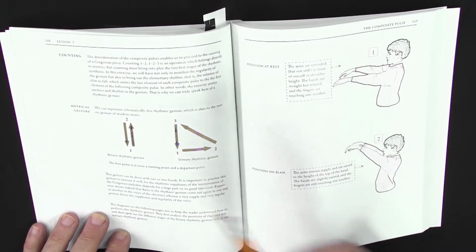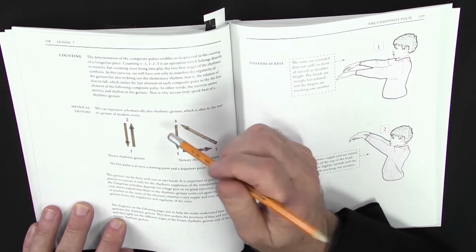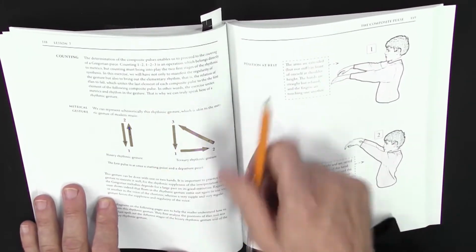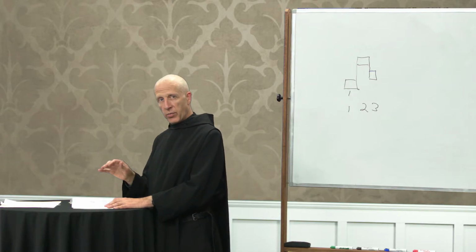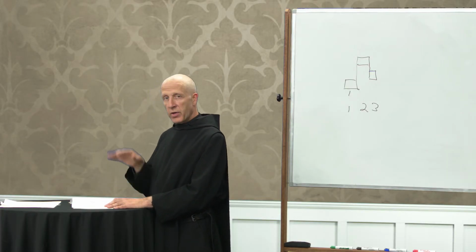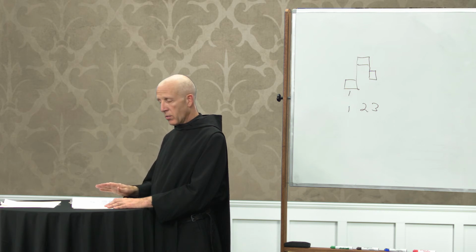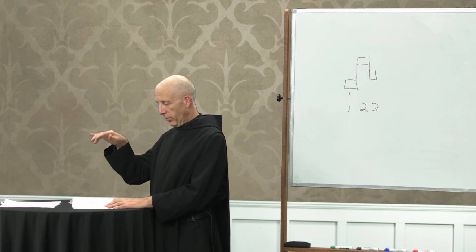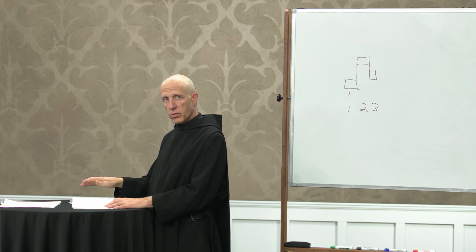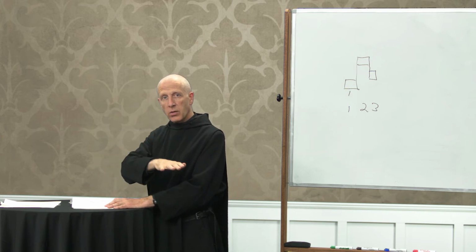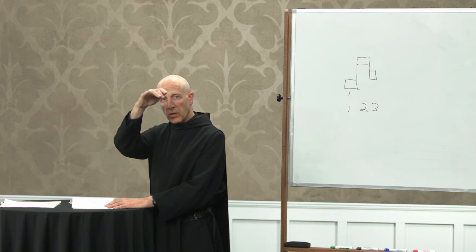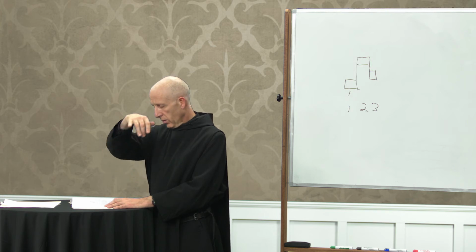So on page 118, in the middle there, you have the basic movement up and down for binary. And then for ternary, down, over, up. 1, 2, 3. 1, 2, 3.